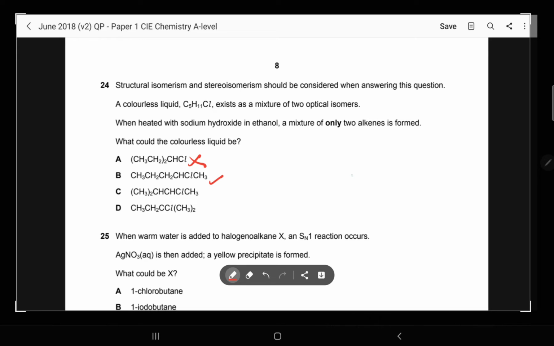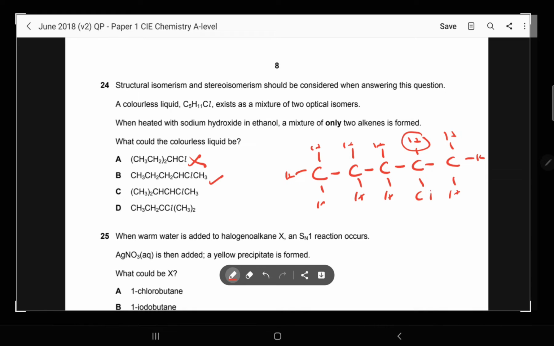For B, there is carbon, carbon, carbon, carbon, carbon, with H, Cl and hydrogens. So for this one, there is a hydrogen here, a chlorine here, a CH3 here, and a C3H7 here. So this is a chiral center.